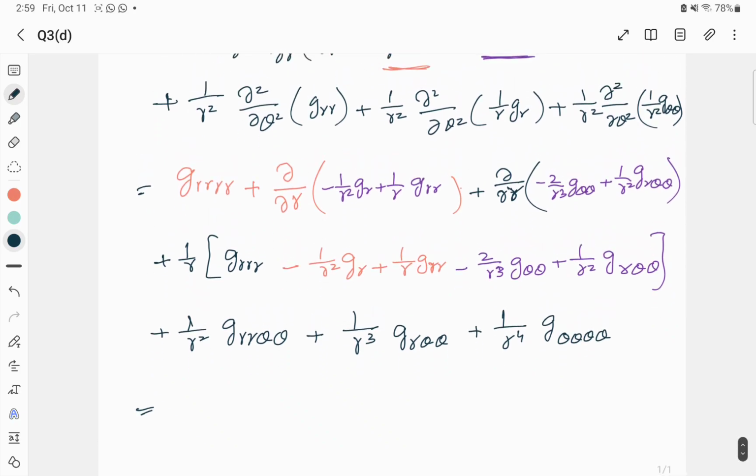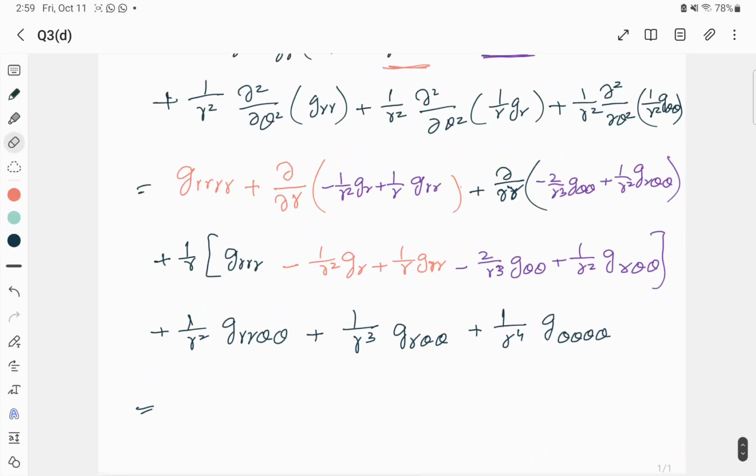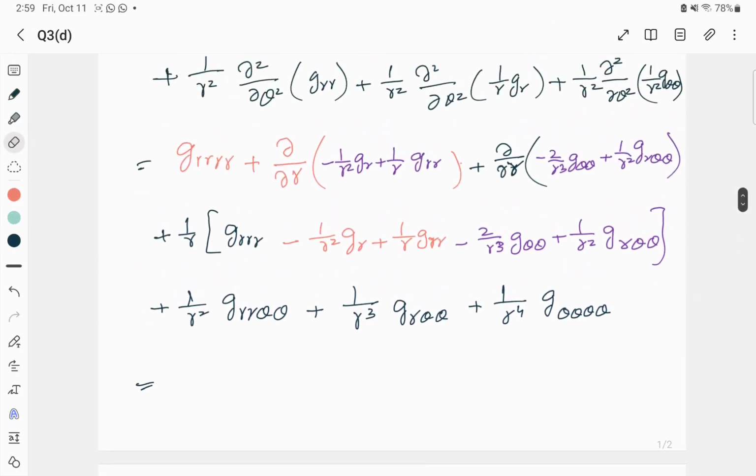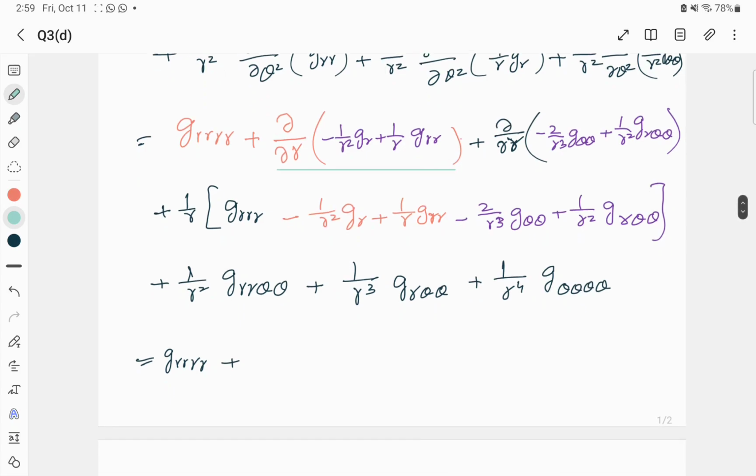Now we go back to the very first line, and we again apply the product rule wherever it is required. The first term is g_rrrr plus, okay, now I'm going to apply the product rule or any rule which is required over here. Firstly, the product rule will be applied over here, and it will be applied on this term as well. So let's apply separately.